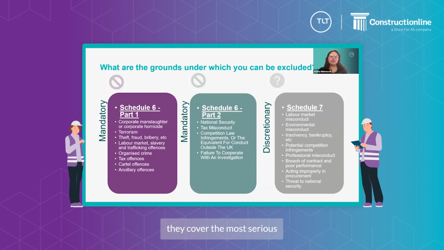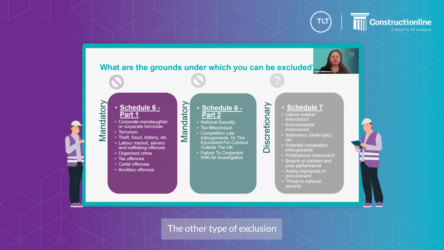They cover the most serious and high-risk scenarios. In terms of some of the key changes from the Procurement Act, we have new grounds, with a mandatory ground of theft, modern slavery and human trafficking offences, corporate manslaughter and competition law infringement.